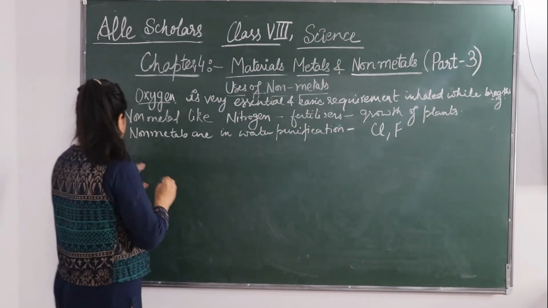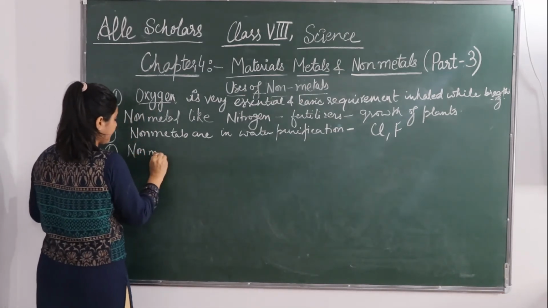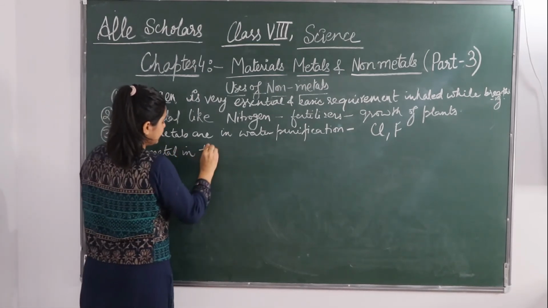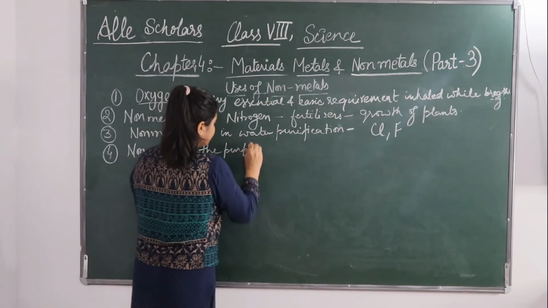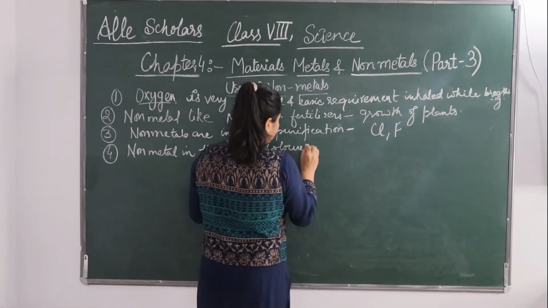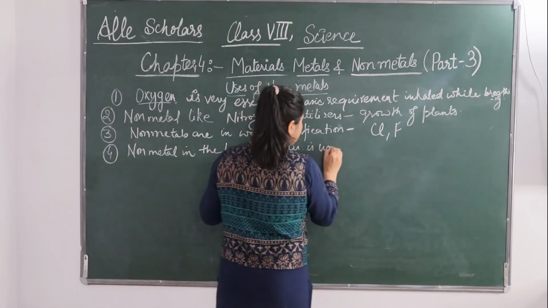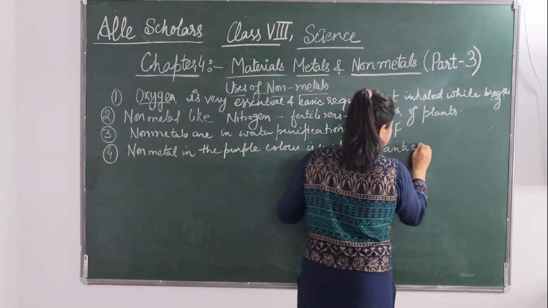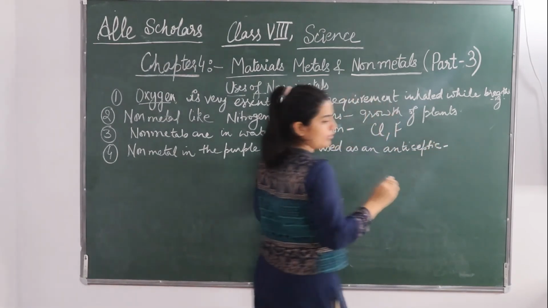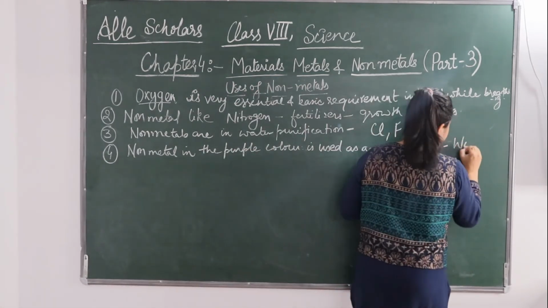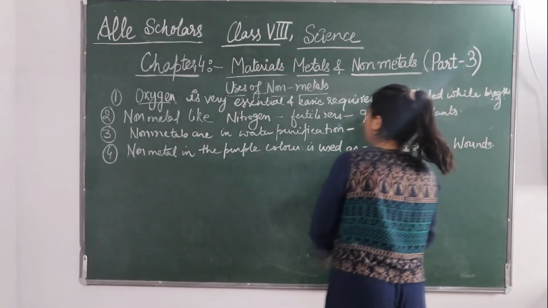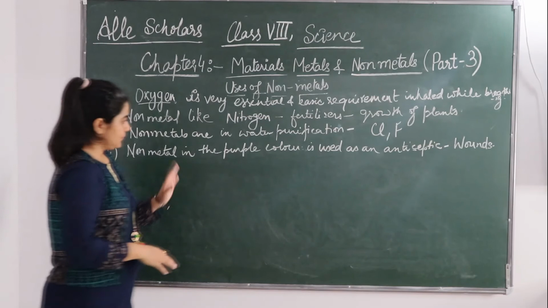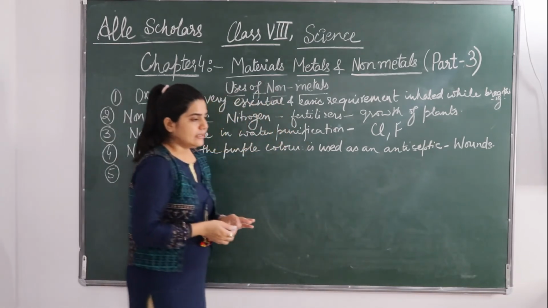So a non-metal in the purple color is used as an antiseptic. Okay, it is applied on our wounds. So this was about how they are used as an antiseptic.